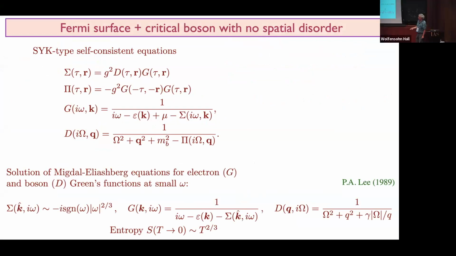So you get a self-energy, which is omega to the 2/3 power, so that's highly non-Fermi liquid-like. And you get a bosonic propagator, which has this mod omega over Q damping that I talked about from the Hertz theory way back when.